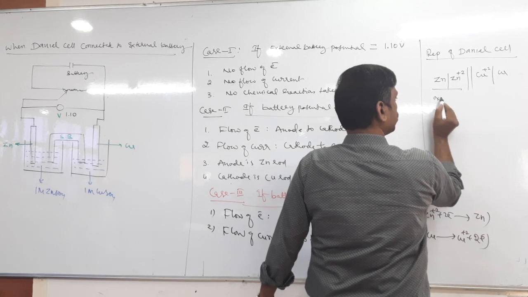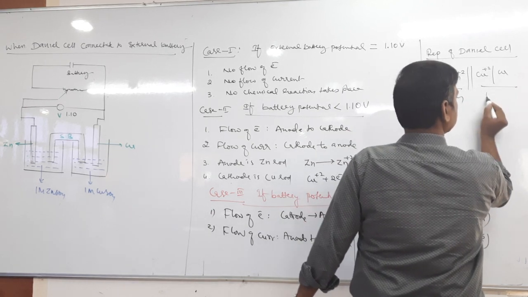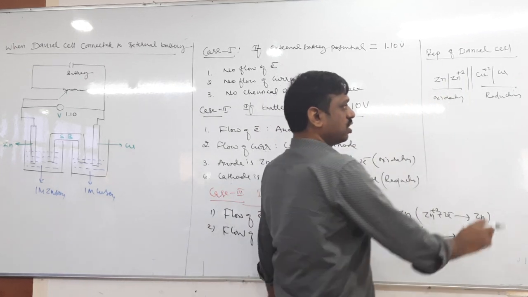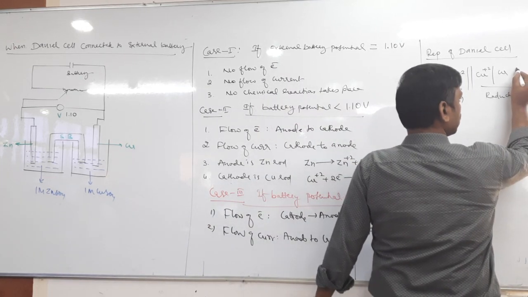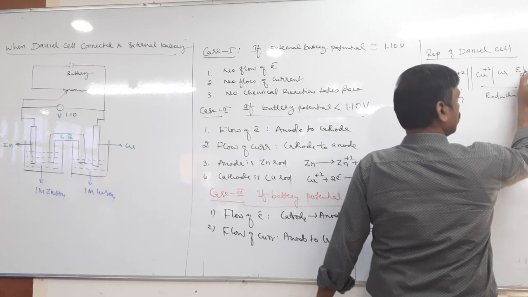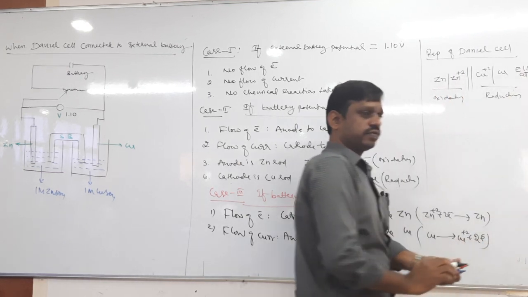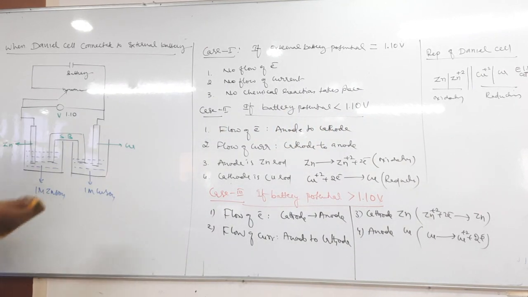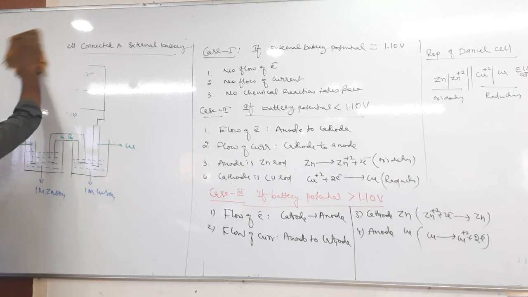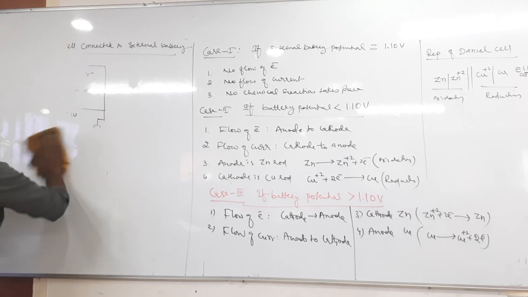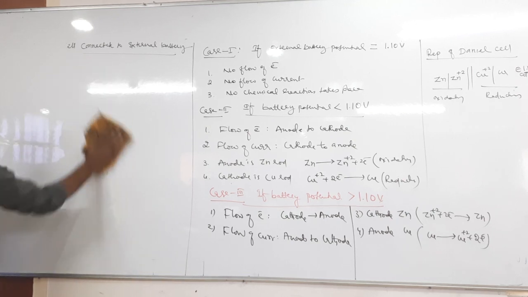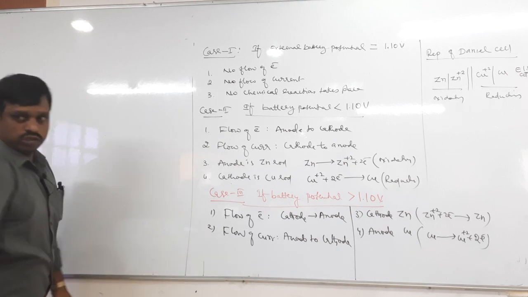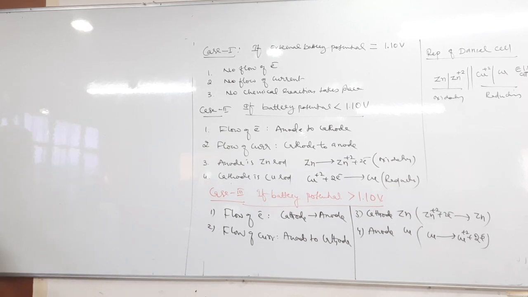This is the oxidation half cell and this is the reduction half cell. And what is the cell potential? Therefore, E cell equals 1.10 volt. Okay, so that is the representation of the Daniell cell.